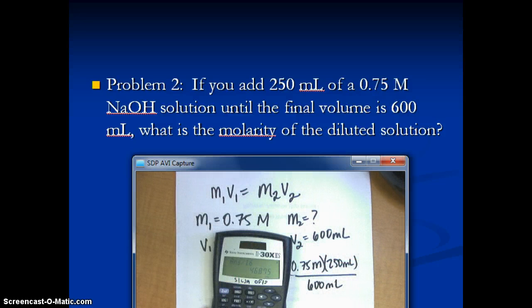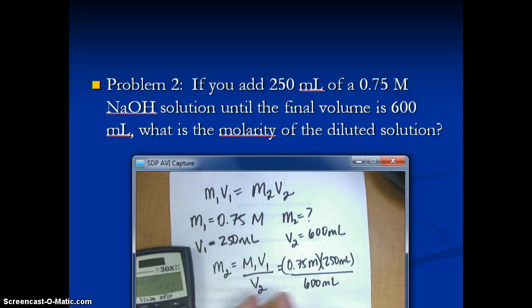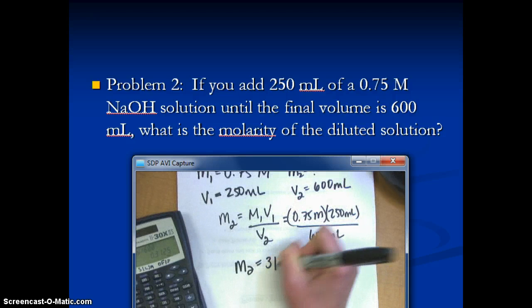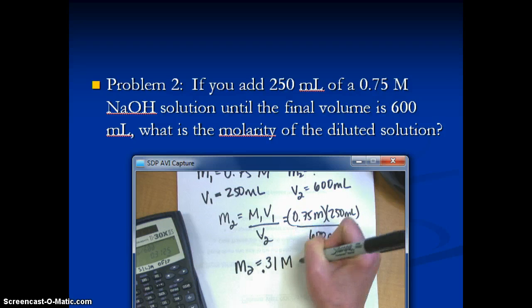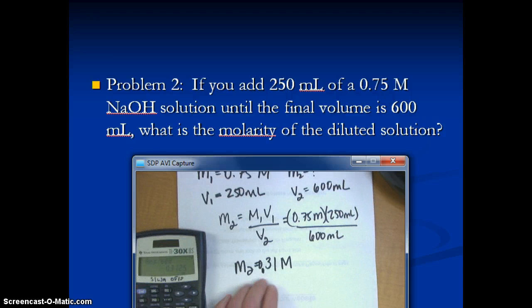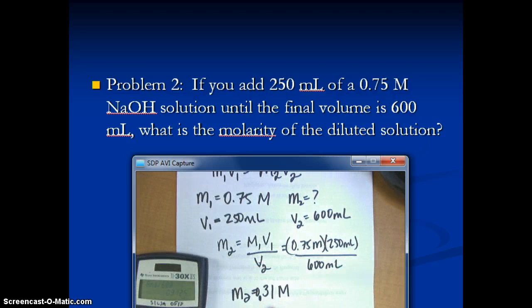And so that solution that we made, 0.75 times 250 divided by 600, M2 equals 0.31 molar solution. And that makes sense because it should be more dilute, less concentrated, considering the volume has considerably gone up.